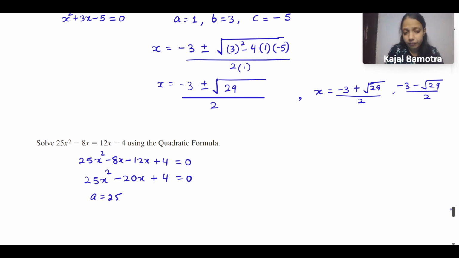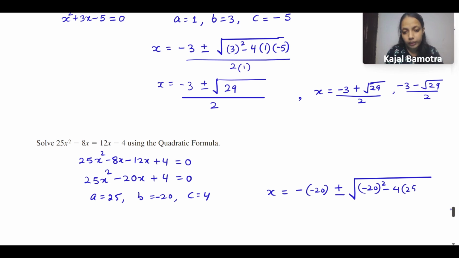A is 25, B is negative 20 and C is positive 4. So x will be equal to negative of negative 20 plus minus square root of negative 20 square minus 4 times 25 times 4, over 2 times a.